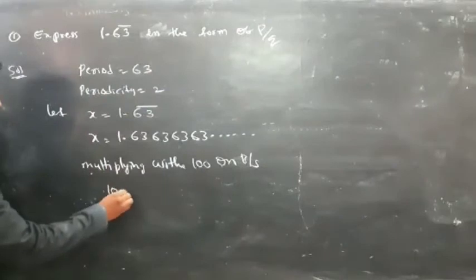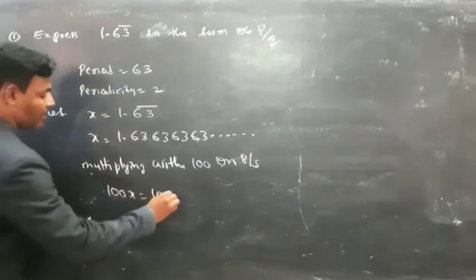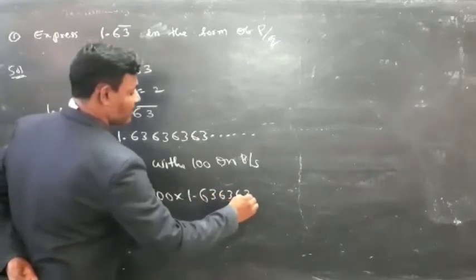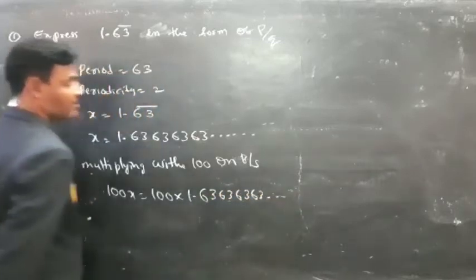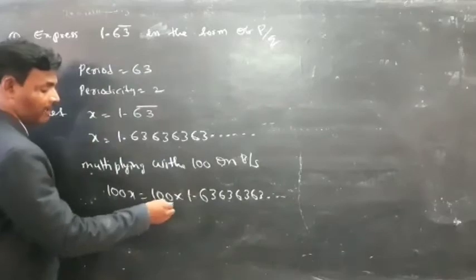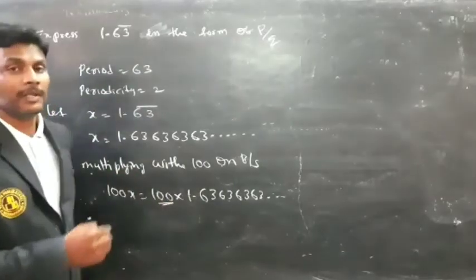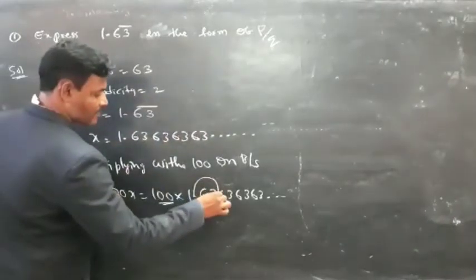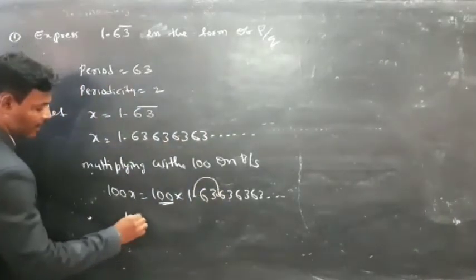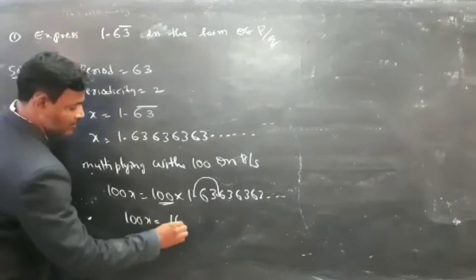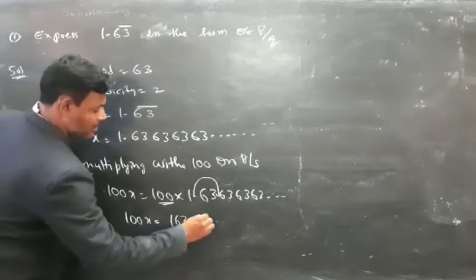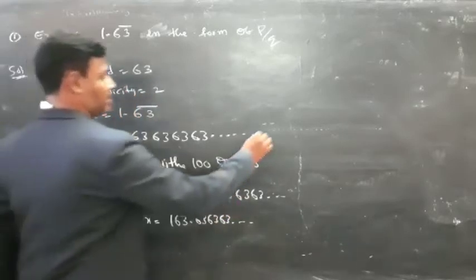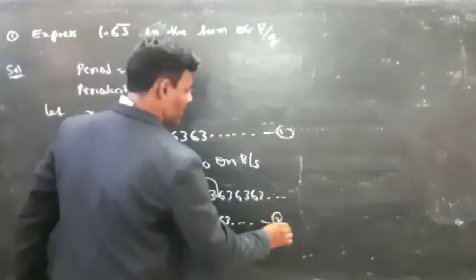Then 100x is equal to 100 into 1.636363 and so on. Here I have multiplied with 2 zeros, it means the decimal moves forward. 100x is equal to 163.636363 and so on.